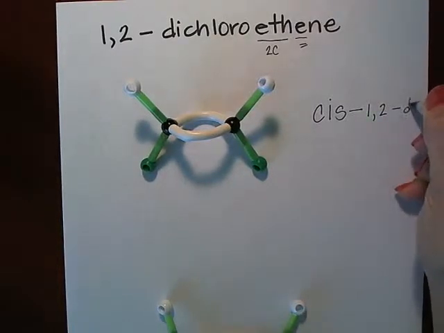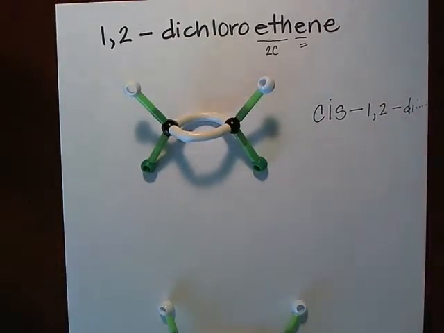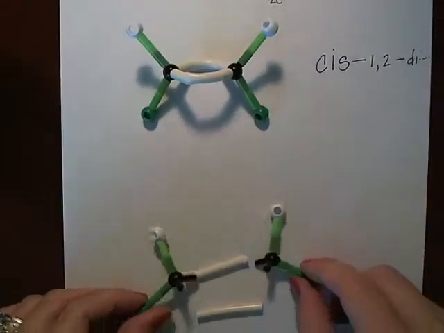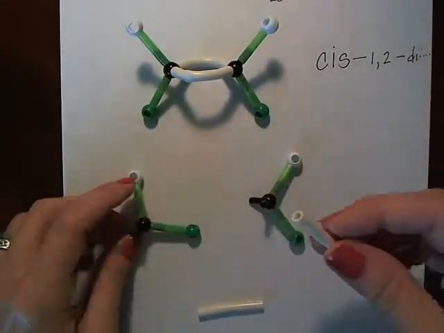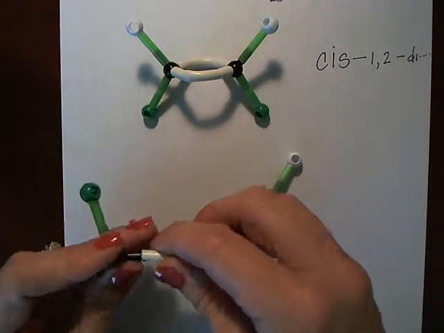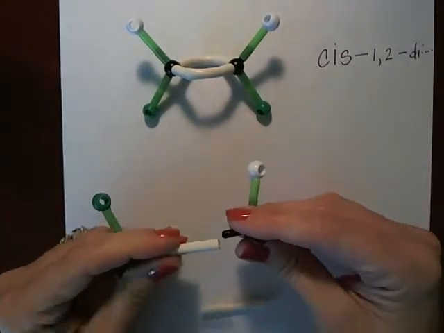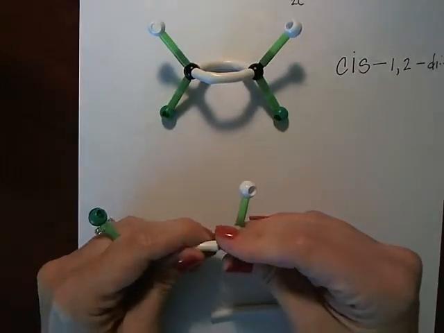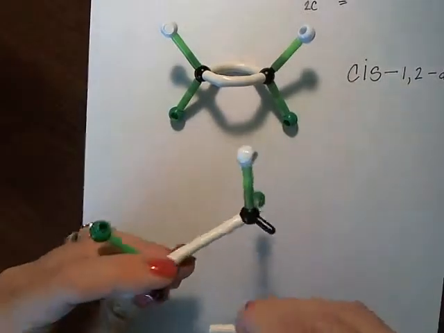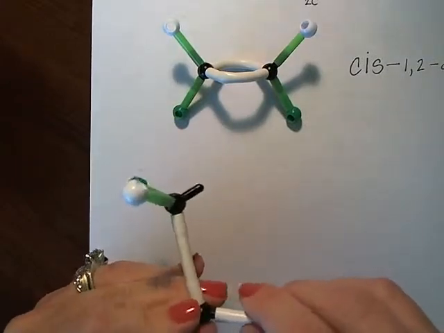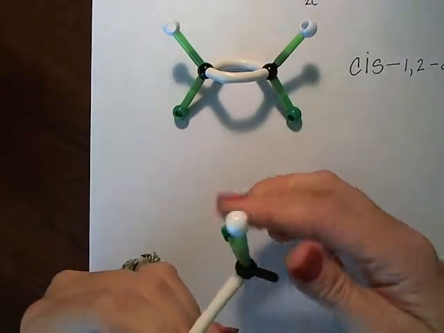1,2-dichloroethene. Just to contrast that one, if we build another one, so here I have the same 2 carbons and I have my flexible bonds here, I'm going to build the other isomer, which potentially can be chemically different, could have different properties, different boiling point.